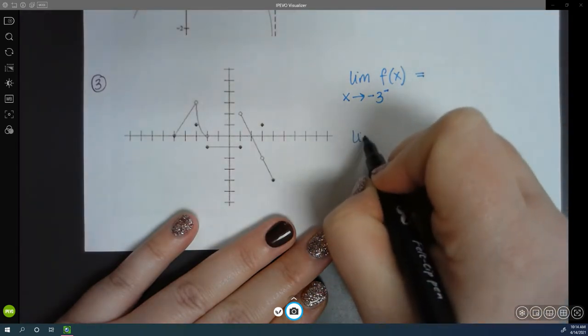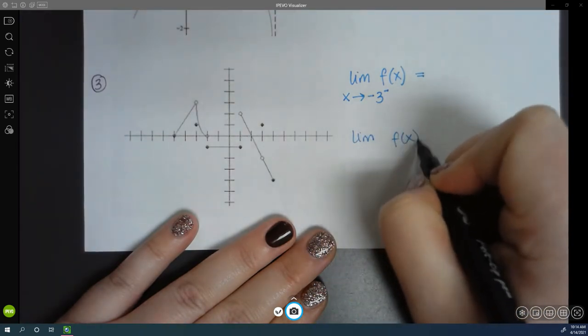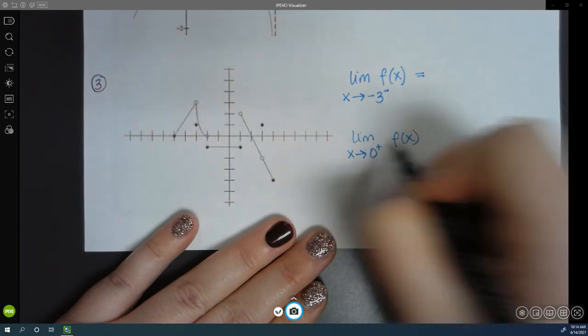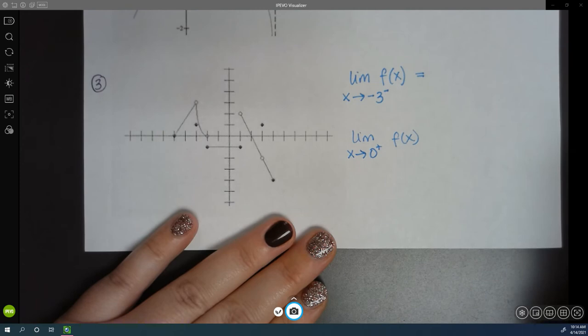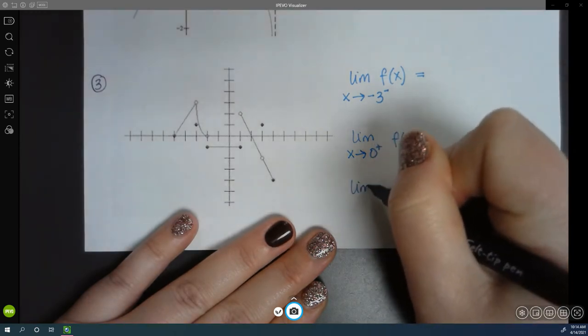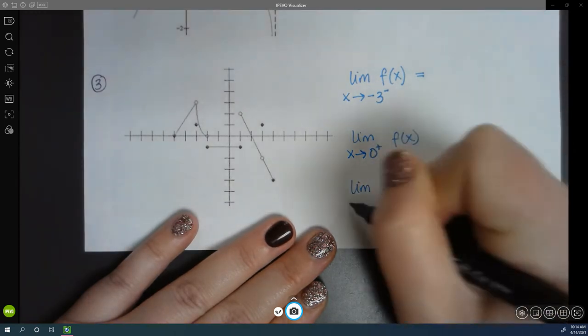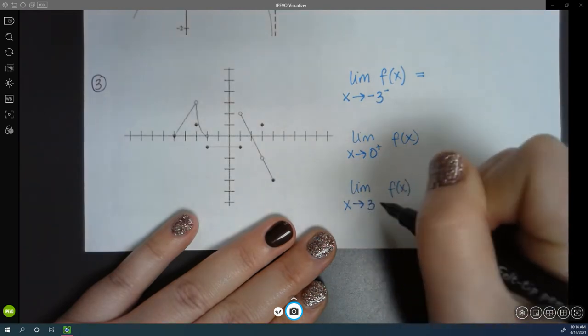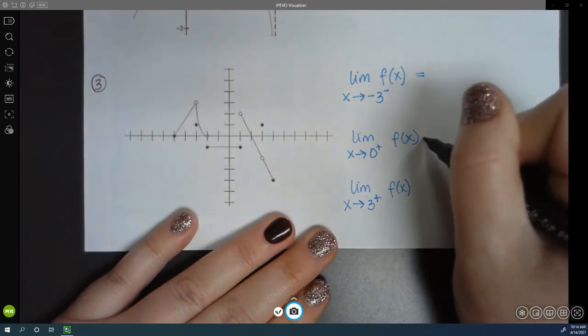I also want to find the limit of the function as x goes to 0 from the right side. And last, I'm going to find the limit of the function as x goes to 3 from the right.